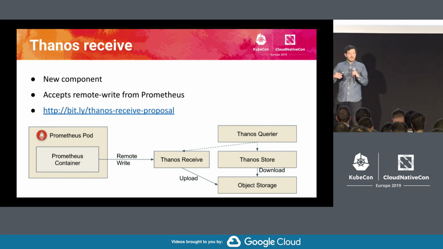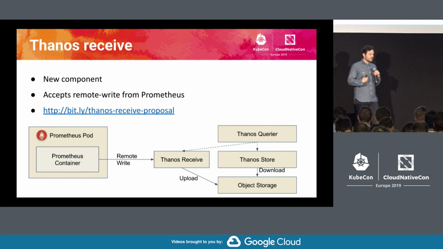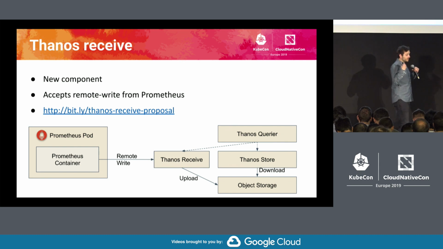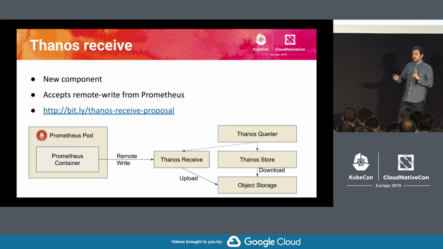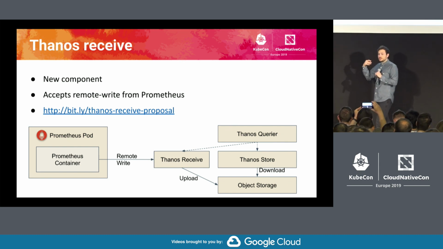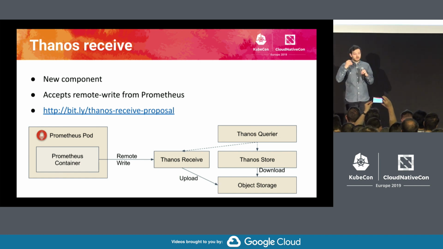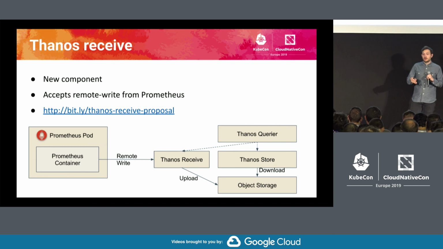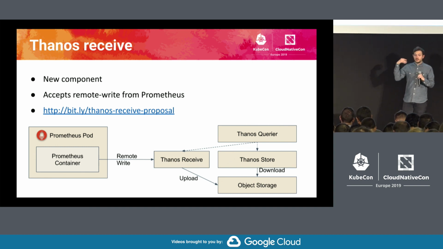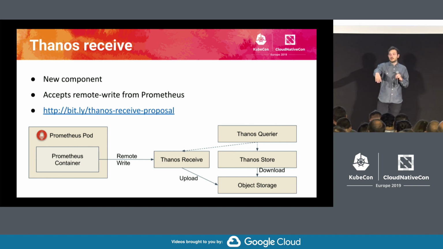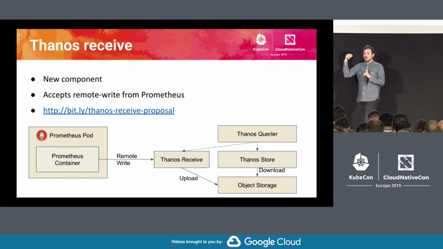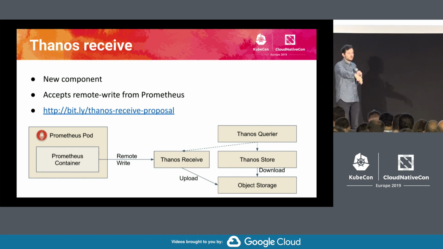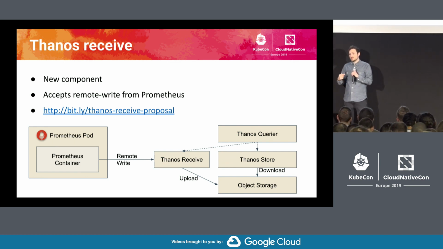Now, Thanos actually, and this is how I got involved into Thanos, Thanos is about deployment flexibility. And while the sidecar approach is a really desirable one and it works extremely well, there are lots of deployment scenarios where you may not be able to have direct access to your edge Prometheus, where your Thanos Querier cannot directly do these gRPC calls to the live Prometheus instance.